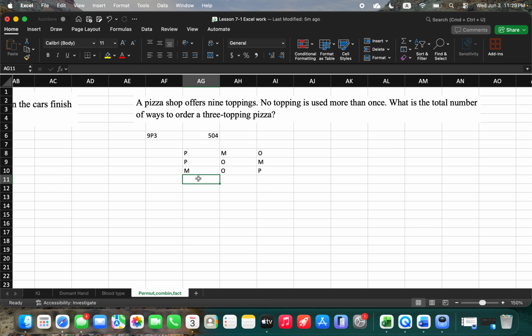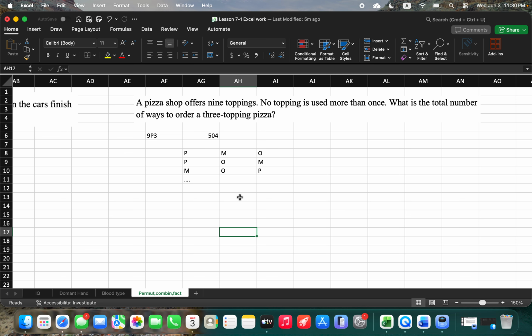But anyway, they're all the same pizza basically. So therefore, if we just make permutation in this case, the pizza composition must be different for pepperoni, mushroom, onion from pepperoni, onion, mushroom, or mushroom, onion, pepperoni, or onion, pepperoni, mushroom like that. But obviously they're all the same pizza basically.